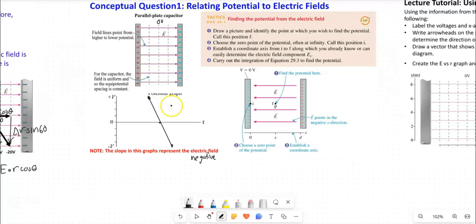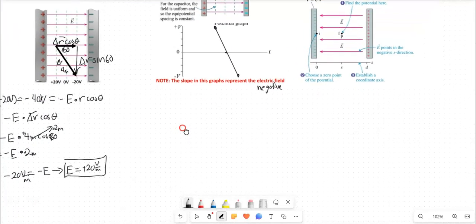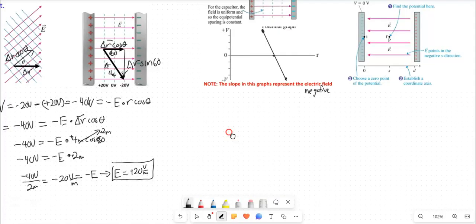Now, if we look at the slope of this line, and we kind of did it right here, there's a change in voltage of negative 40 volts, and we worked this out to be 2 meters. Well, that change in voltage, which is this graph, over change in R, that is the negative electric field. So you have to take the opposite of that, right?